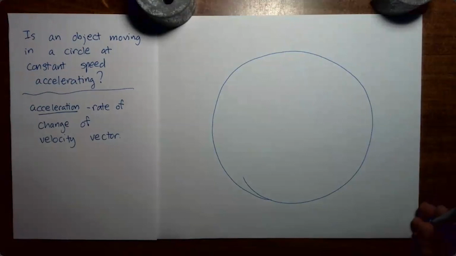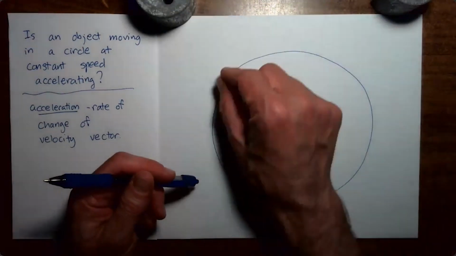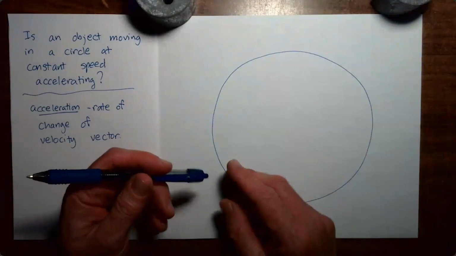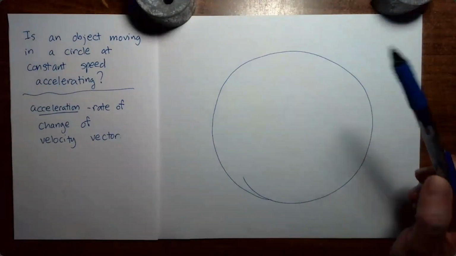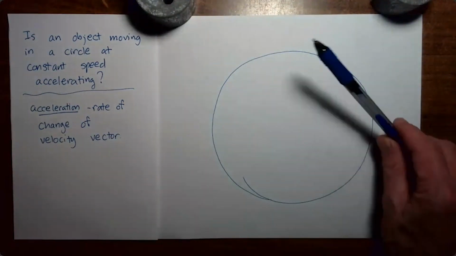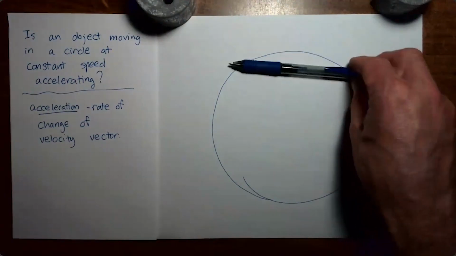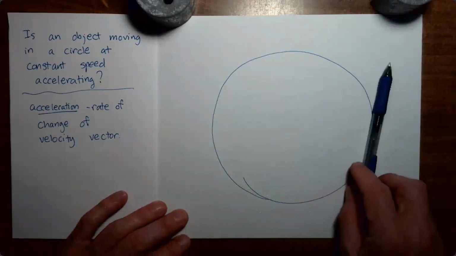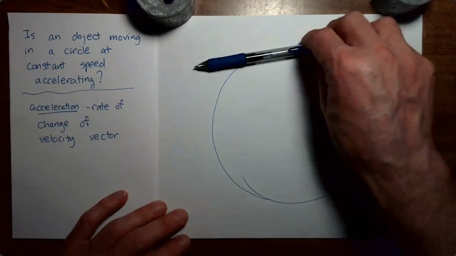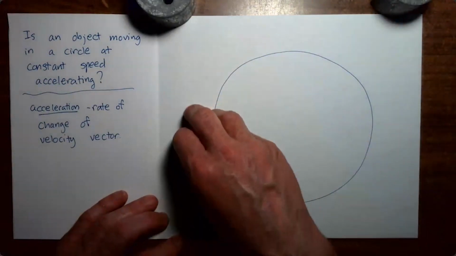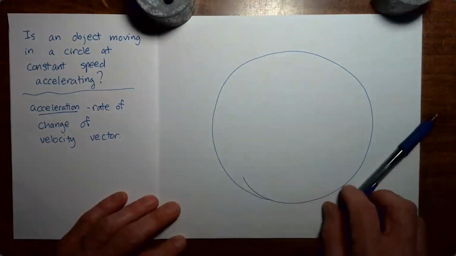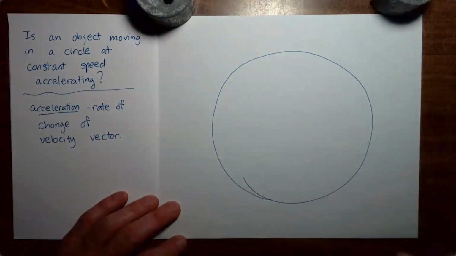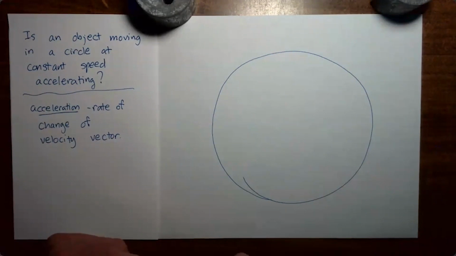So let's have a look at this. My fingers are going to go round and round a circle again, and I'm going to use this pen to represent the velocity vector of my fingers. As my fingers go round and round the circle at a constant speed, is their velocity vector changing? You can see that the velocity vector is changing because the direction of the velocity vector keeps changing.